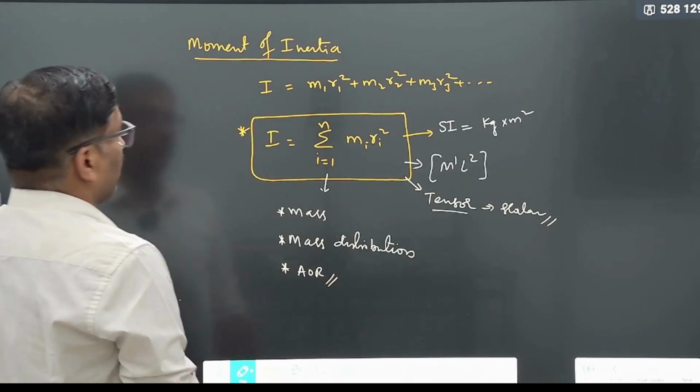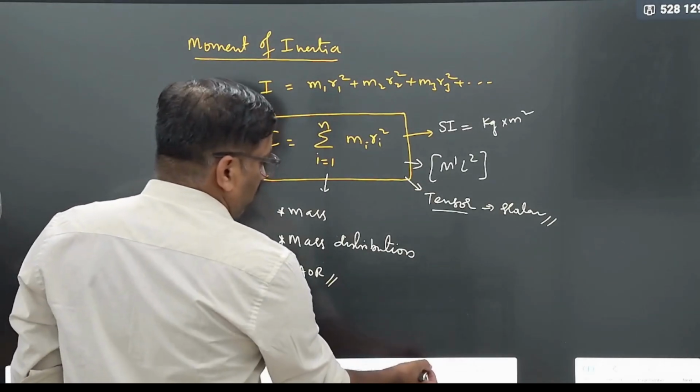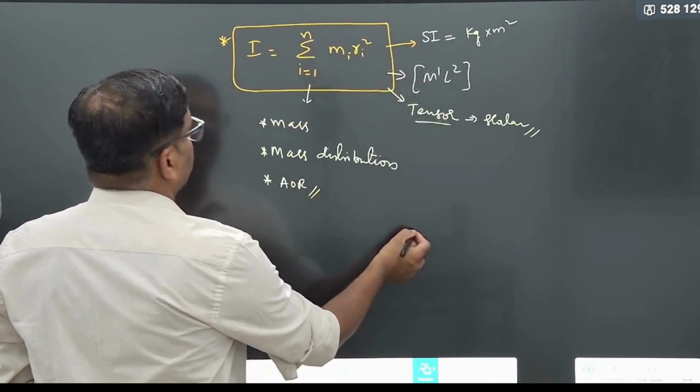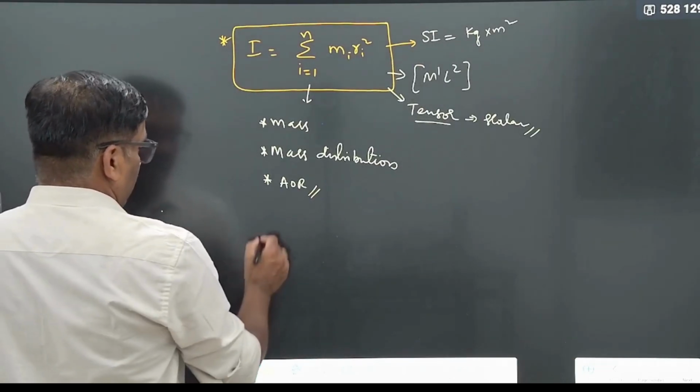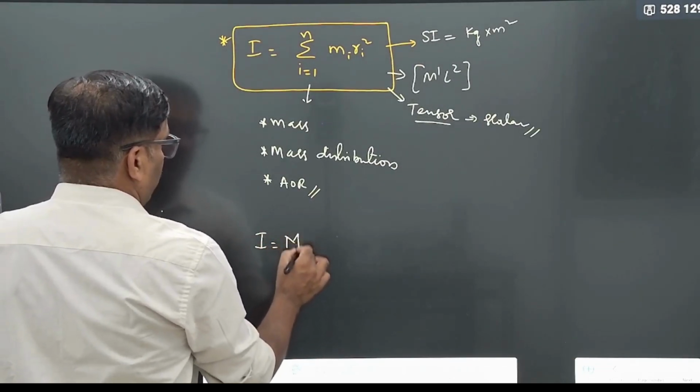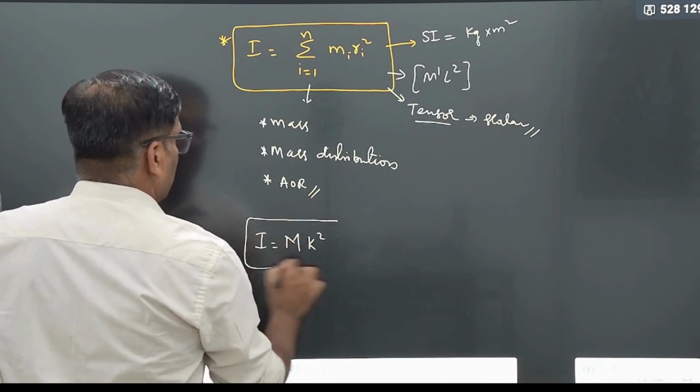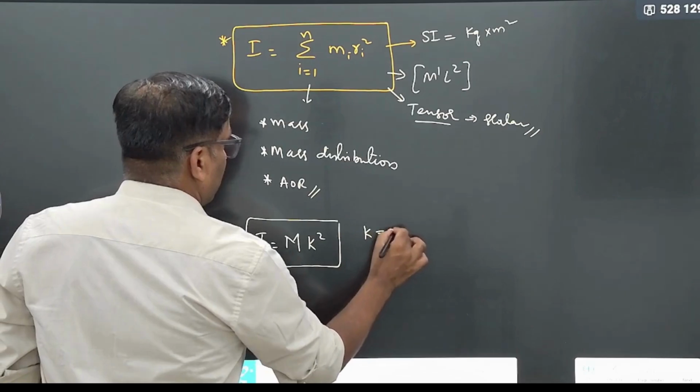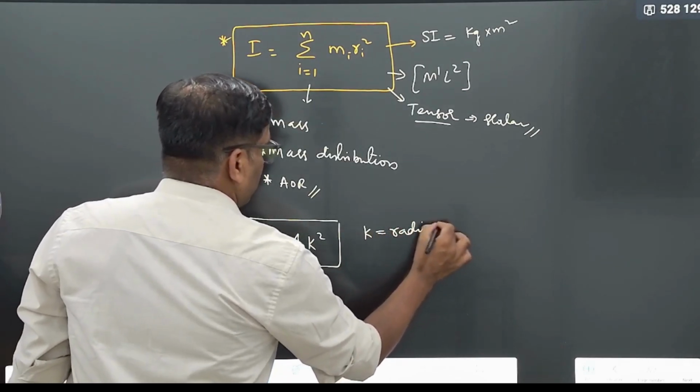Here we can define one more quantity. I equals total mass into k square. What is k? We call k the radius of gyration.